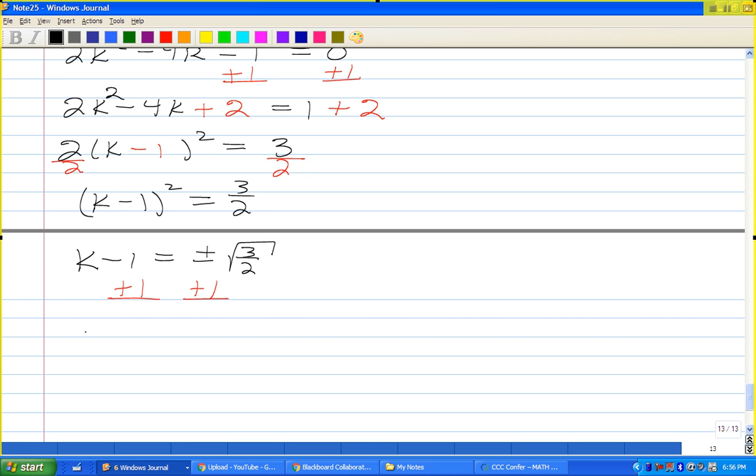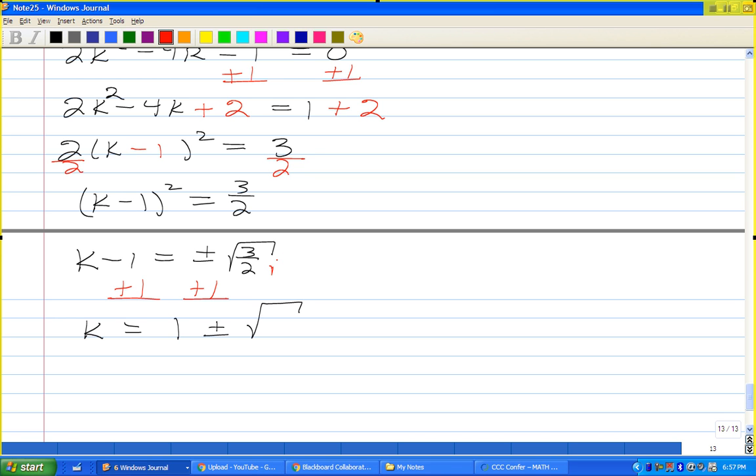And so I have that k is equal to 1 plus or minus rad 3 over 2.